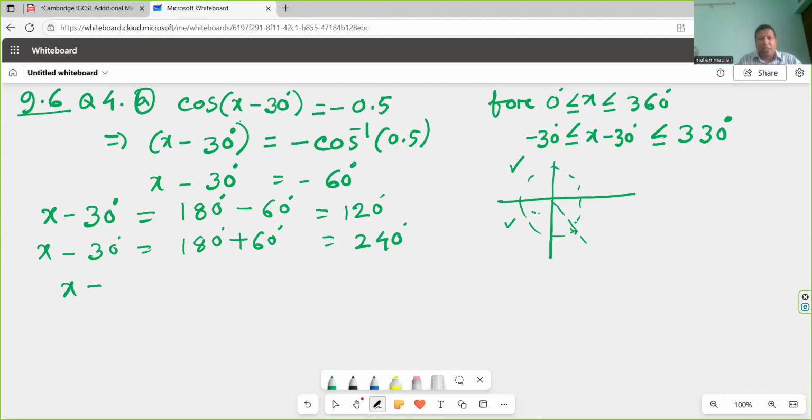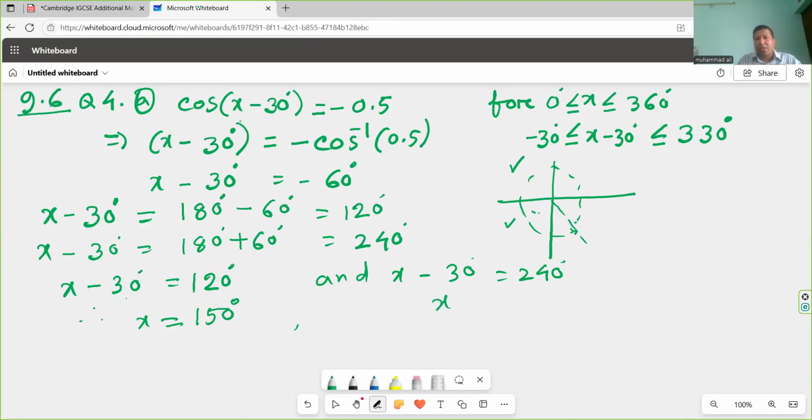Finally, we get x minus 30 degrees equals 120 degrees and x minus 30 degrees equals 240 degrees. So finally, x equals 150 degrees because when 30 comes to the right side, it will be addition, and here x will be 270 degrees. Answer, x equals 150 degrees and 270 degrees.